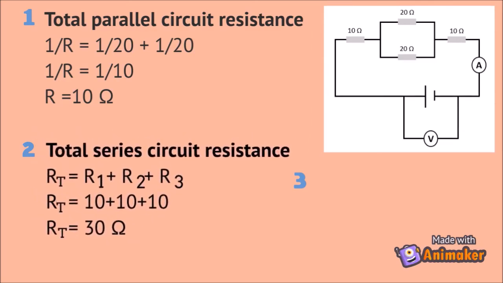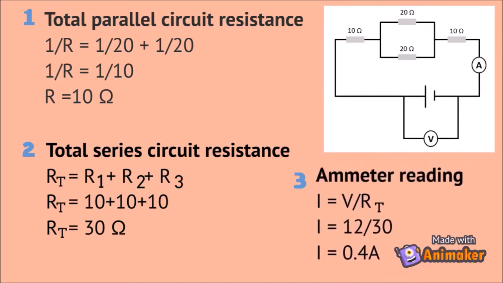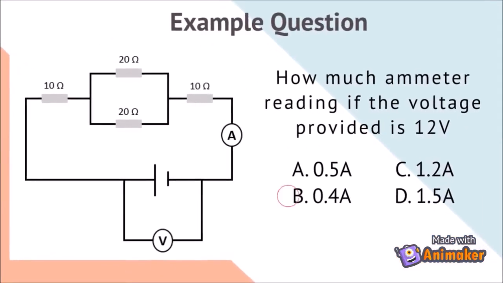And lastly, to find the ammeter reading or current flow, we need to use equation I equal to V over R total. So, after finishing the calculation, we can see that the answer for this question is 0.4 ampere. So, the answer is B.